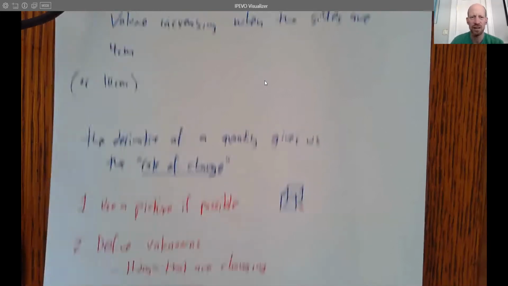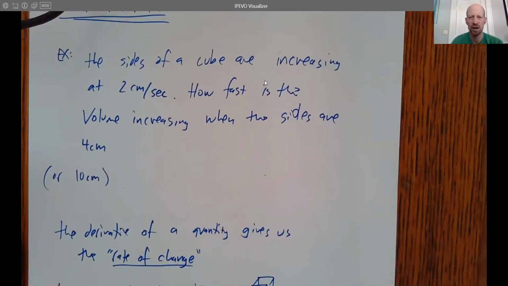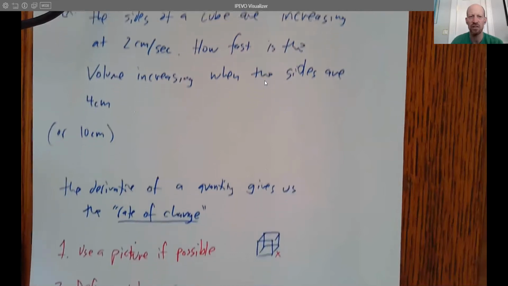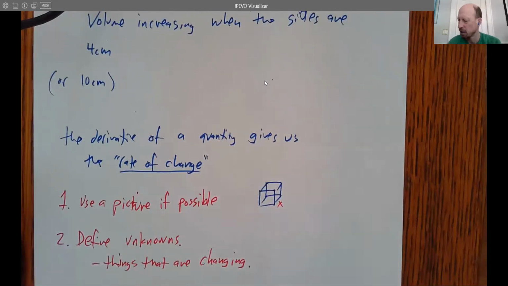So the other thing that, of course, is changing, the sides are increasing at 2 centimeters per second. The way we're going to write that using calculus is dx/dt. So we're thinking of x as changing over time. As time goes on, x gets bigger and bigger and bigger. So it is a function of time, and so I can think of it having a derivative with respect to time.